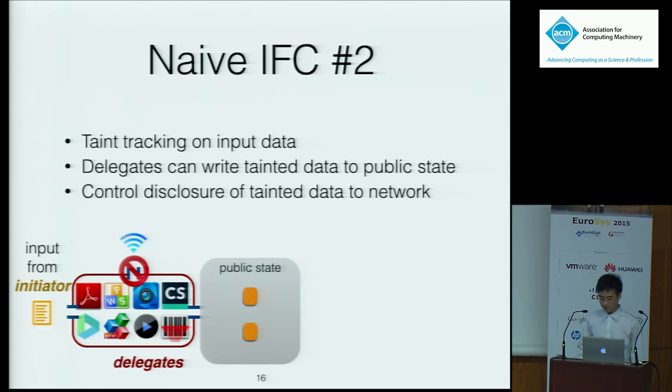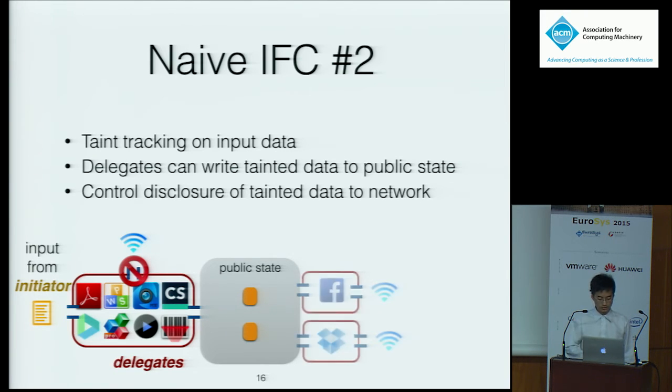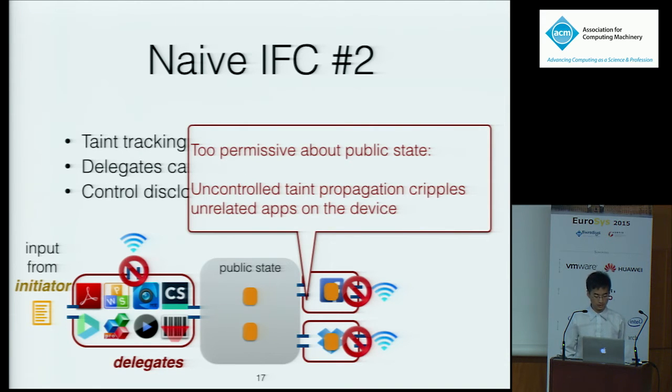However, the problem about this approach is that the public state is shared by all apps, and other apps like Facebook and Dropbox may also read in the tainted data, and at that point, they are also confined and lose network connection. So the problem of this approach is that it is too permissive about the public state, so that uncontrolled taint propagation will cripple the functionality of many unrelated apps on the device.